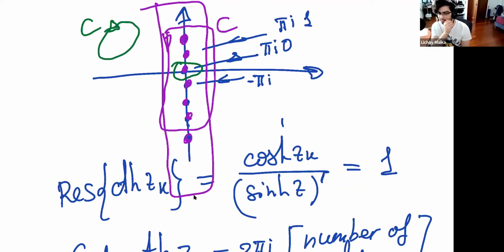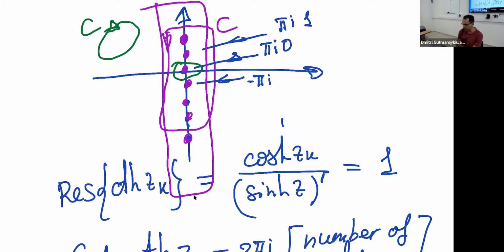But if there are poles, then it will be 2 pi i times, well, it will be determined by poles of the function y then. Because they are not necessarily 1, like the cotangent's. They can be anything.